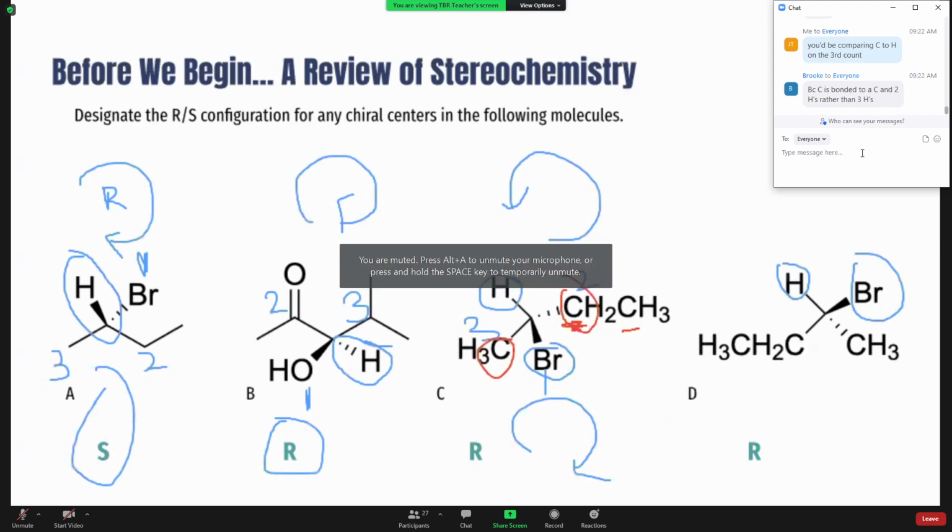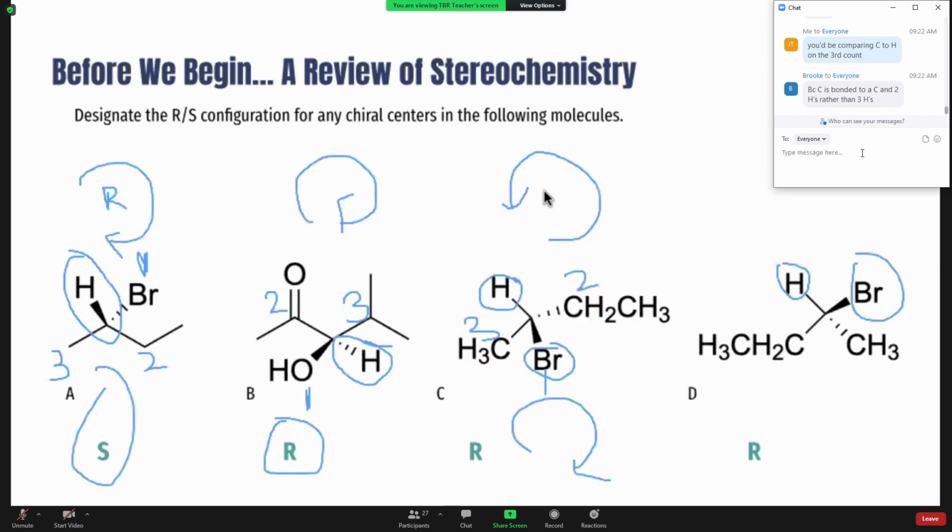Thank you. Okay, so as I was saying, we originally assigned S, but because the hydrogen, the 4th group, and the highest priority group are far apart, we designate this now as R. For the next one, let's see, this is 1, this is 2, and this is 3. And I actually might have gotten this wrong.